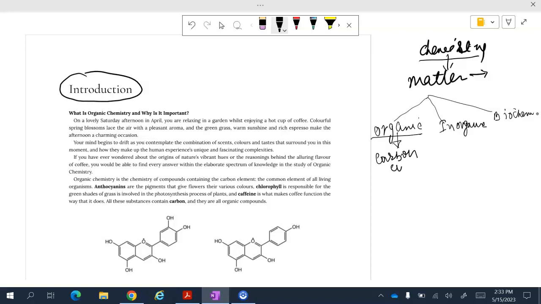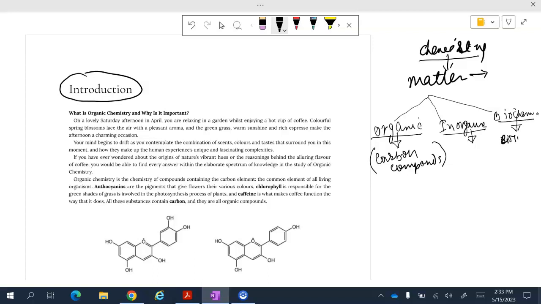In one sentence, organic chemistry can be defined as the branch of chemistry in which we study the carbon containing compounds, whereas inorganic chemistry is the branch of chemistry in which we study the elements other than carbon, and also include the carbon containing compounds like bicarbonate, carbonate, etc. Biochemistry is the branch in which we study the chemistry related to biological processes.